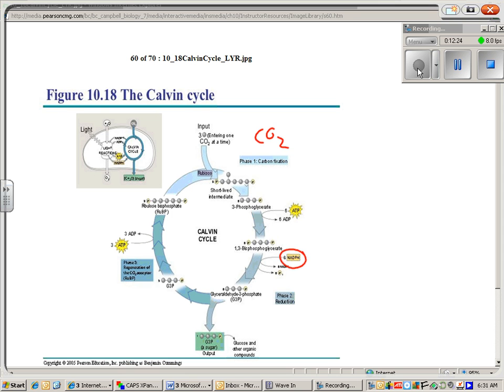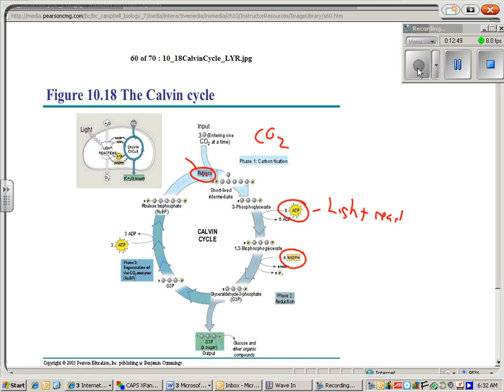So, coming into the Kelvin cycle is CO2, one at a time. They go through the cycle. When carbon dioxide comes in, it gets put into a protein called rubisco. The only reason I'm telling you that is because that would make it the most abundant protein in nature, because everything that does photosynthesis has rubisco.